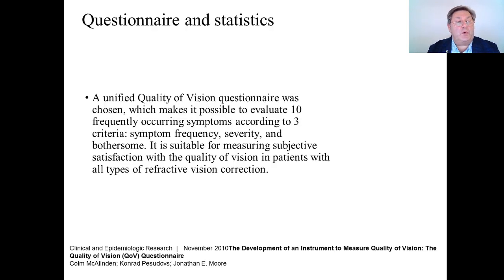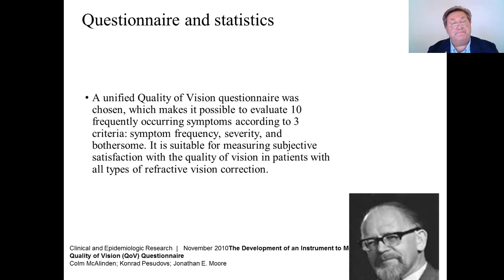A unified quality of vision questionnaire was chosen, which makes it possible to evaluate 10 frequently occurring symptoms according to 3 criteria: symptom frequency, severity, and bothersomeness. It is suitable for measuring subjective satisfaction with the quality of vision in patients with all types of refractive vision correction.